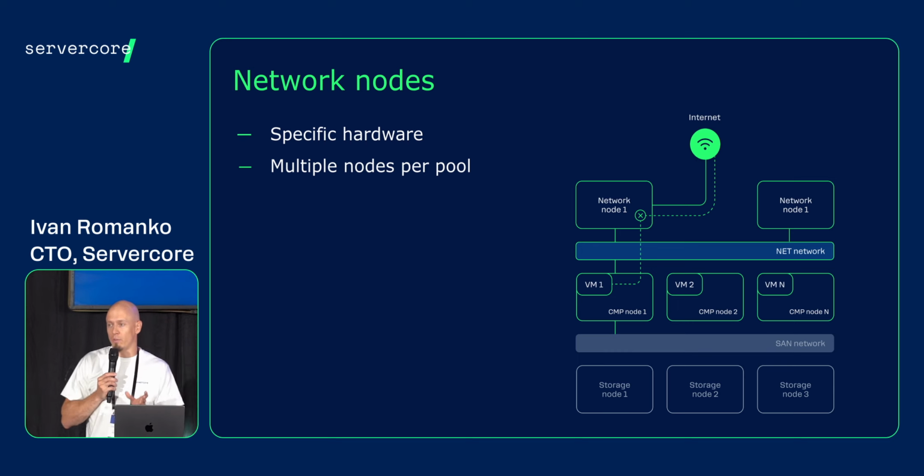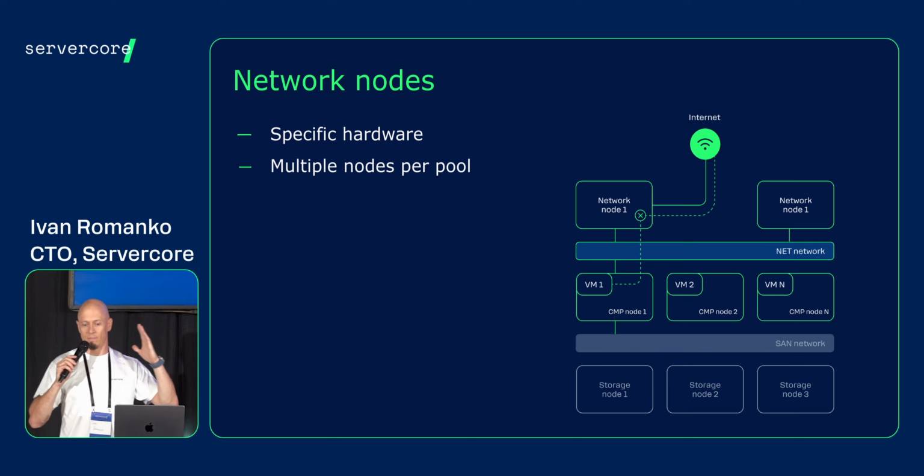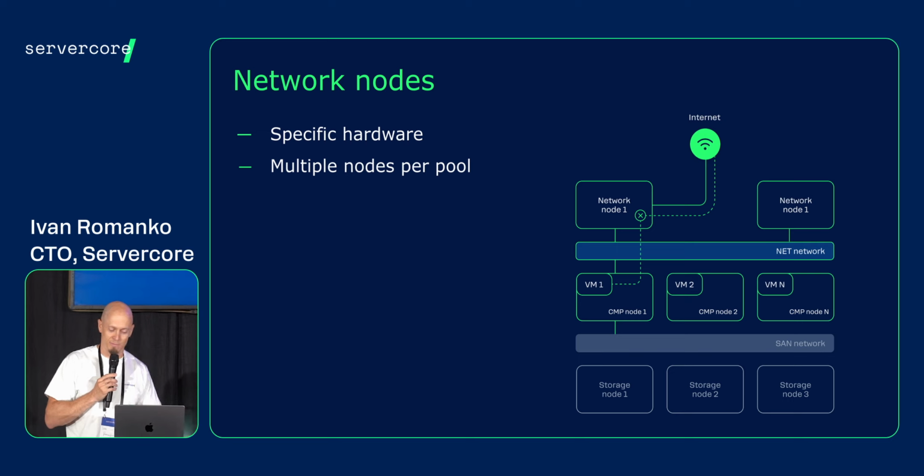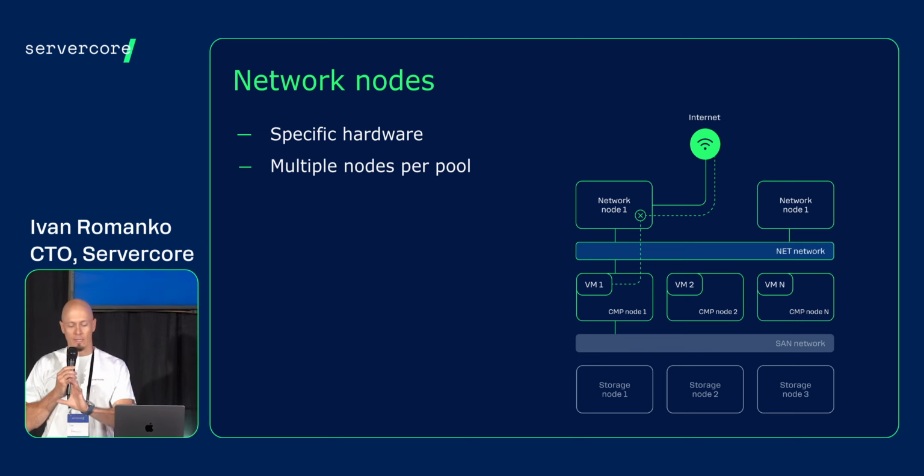At Servercore, we use specifically built server equipment, just servers with CPUs, RAM, volumes, with network cards of this size, which are able to process like 40, 80 gigabits of traffic. And we have multiple nodes of this type per pool.